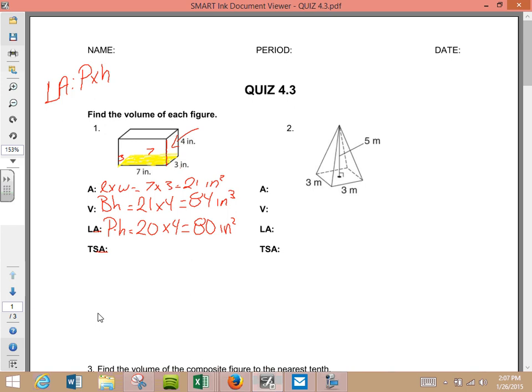That's the height. No, that's not the base. What is the base? What are the measurements of the base? So why are you adding 4? Yeah, we're using it for the height though.